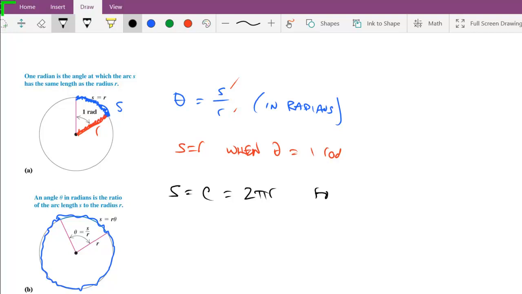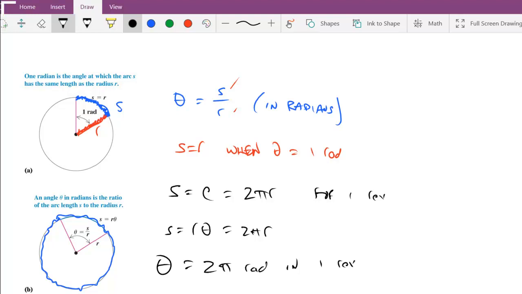But the arc length is equal to r theta when the angle theta is measured in radians, and this is equal to 2 pi r. Then we see that the angle that we have in 1 revolution is equal to 2 pi radians. So the angle for 1 complete revolution is 2 pi radians. So we have 2 pi radians in 1 revolution.